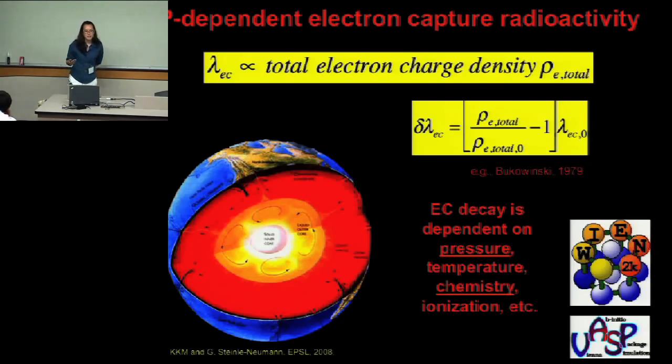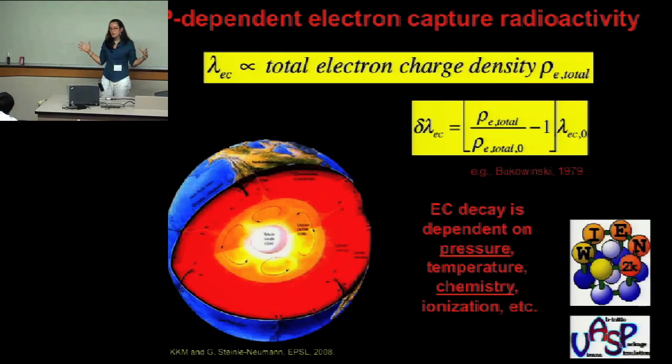And this is because the electron density around the nucleus is what is going to dictate how your unstable nucleus is going to decay. That is, it's going to capture one of its innermost electrons.